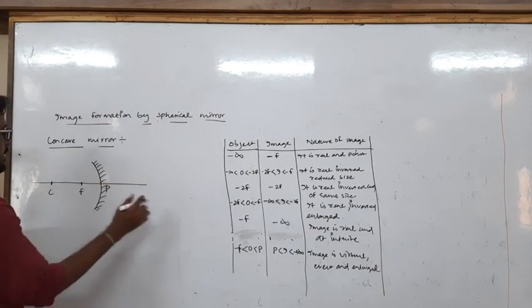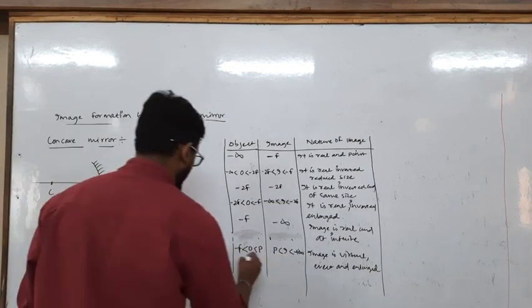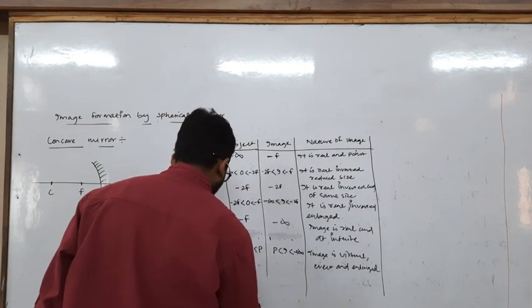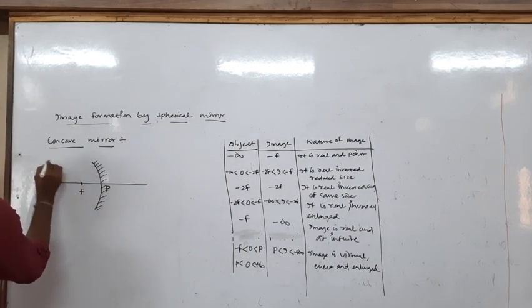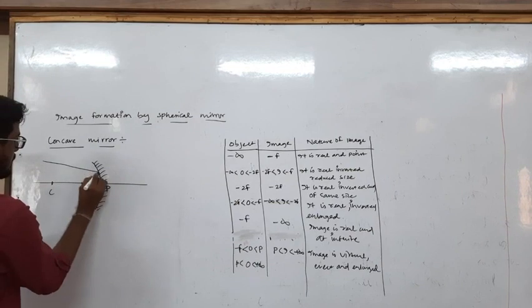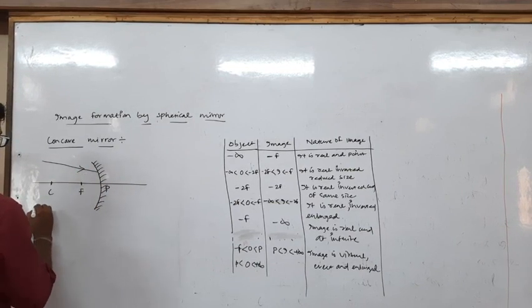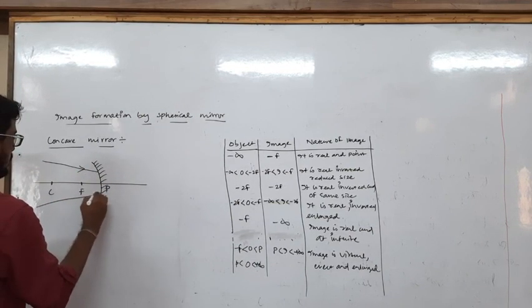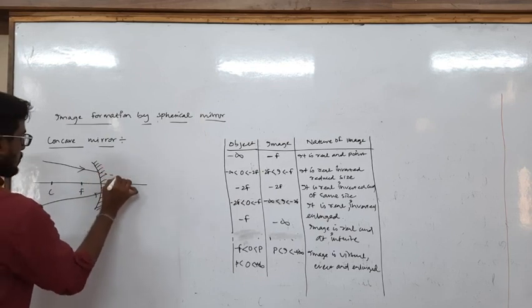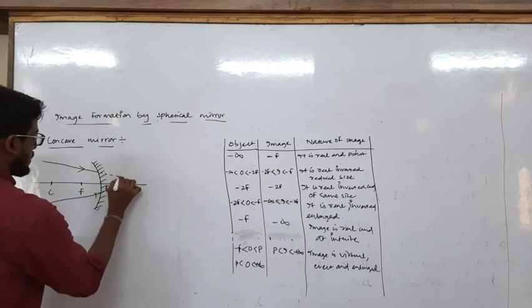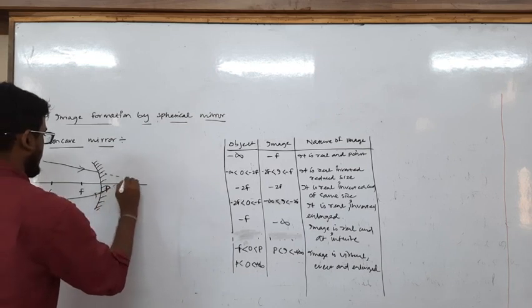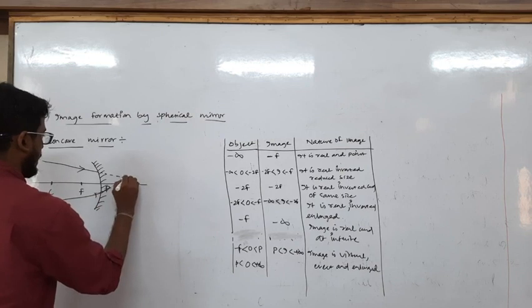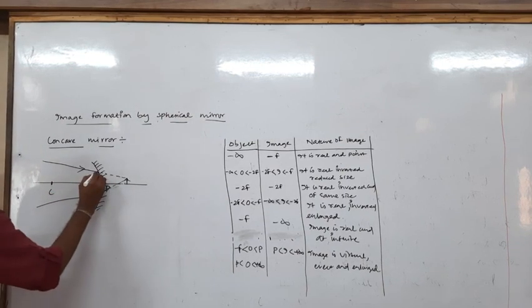If the object lies behind the pole, or between pole and plus infinity, like this, if the rays come like this, the object will lie here, and the image will lie within pole and focus.